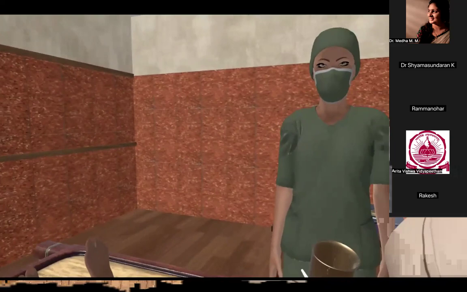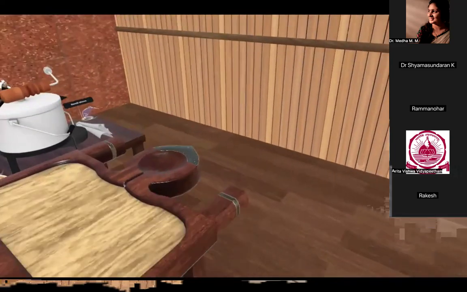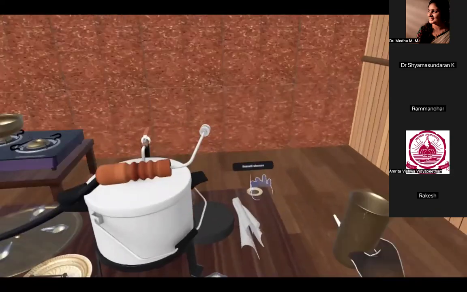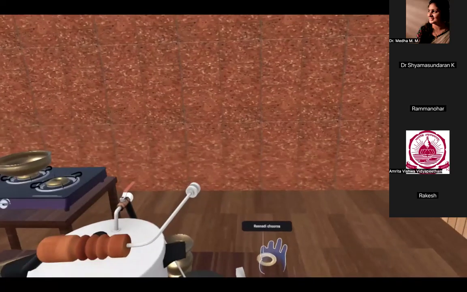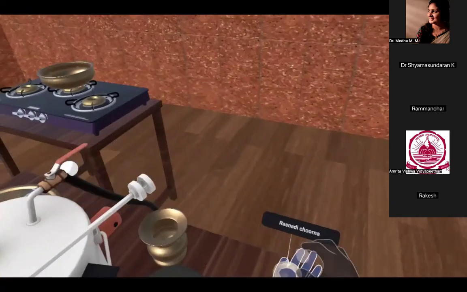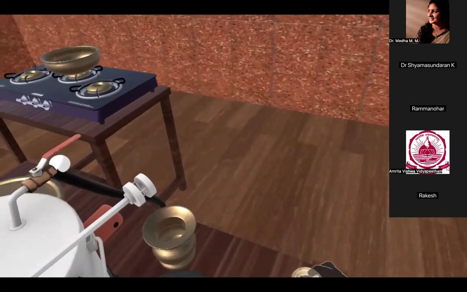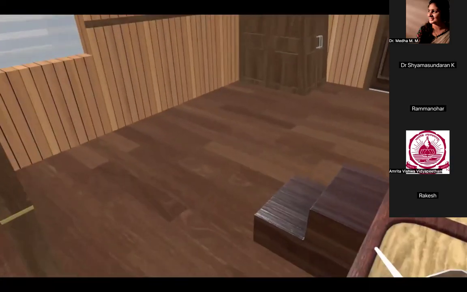Then we have to place back the glass on the table. Then we have to apply the Rasnadi Churna in the vortex.